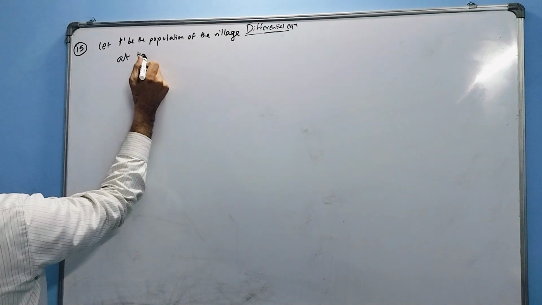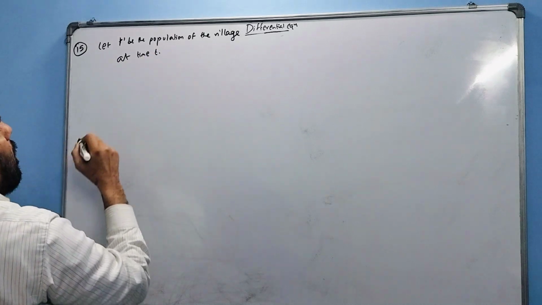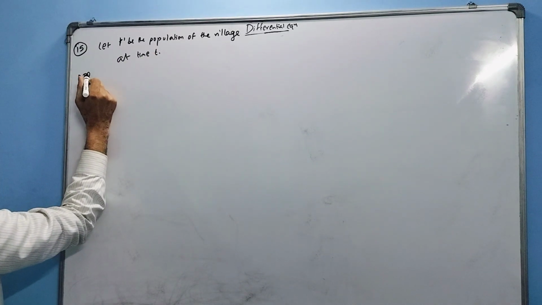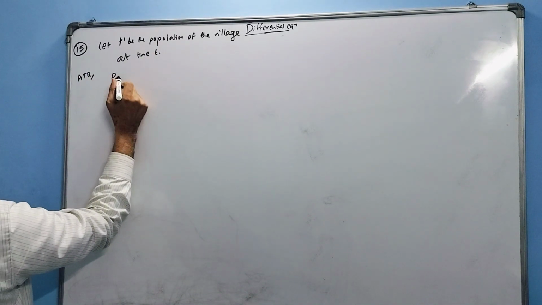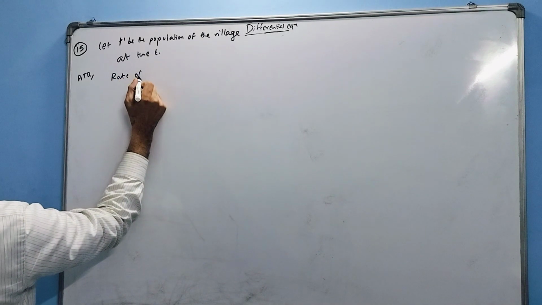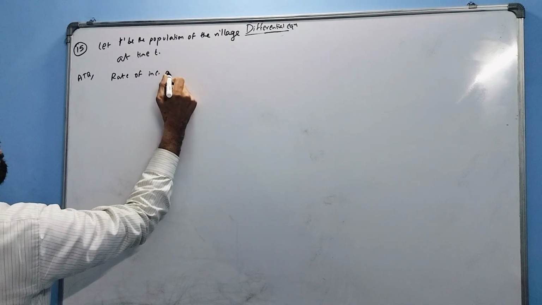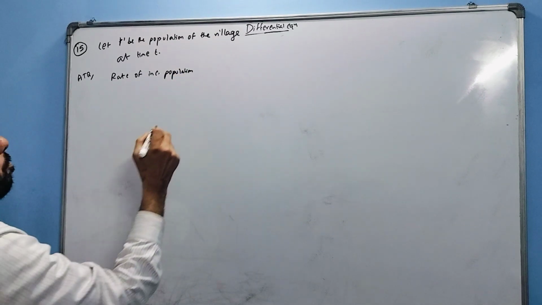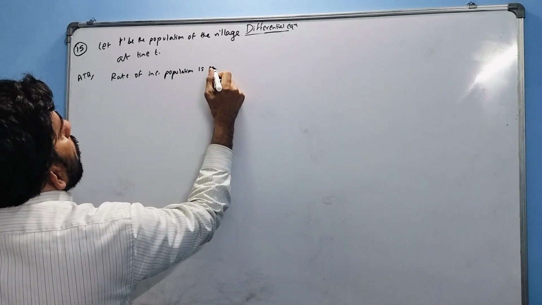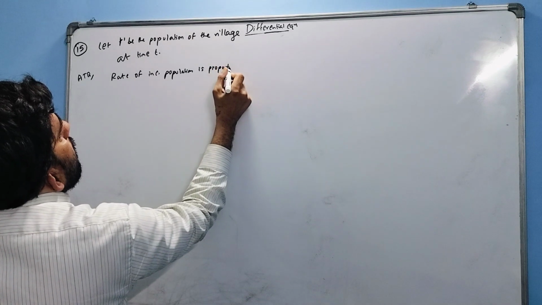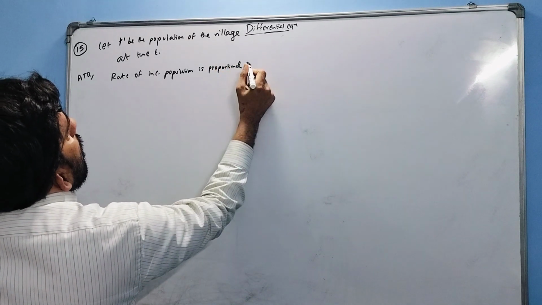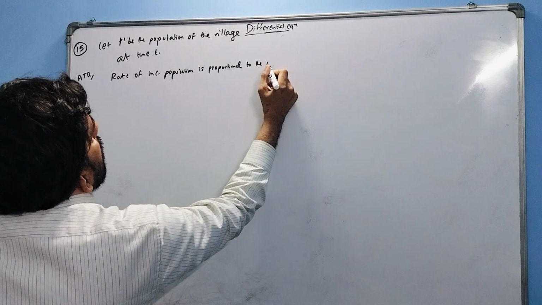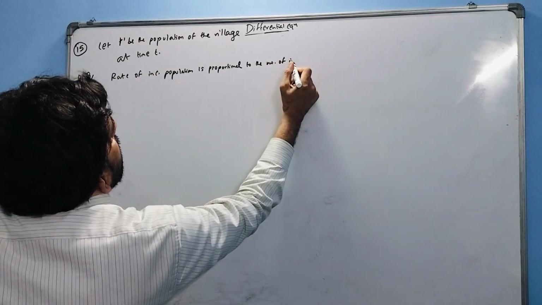Now, according to the question, the rate of increase in population is proportional to the number of inhabitants.